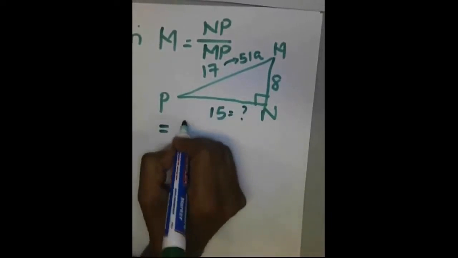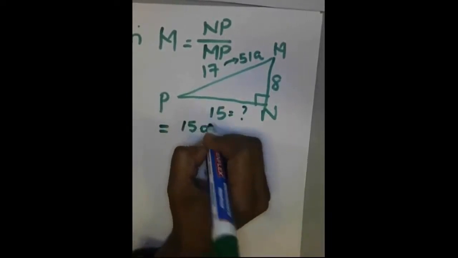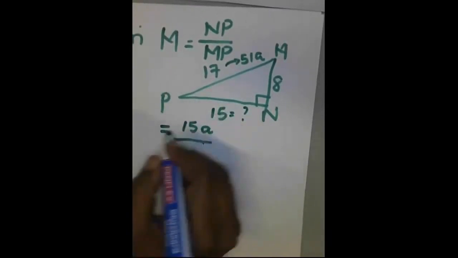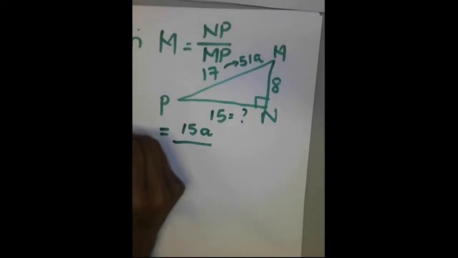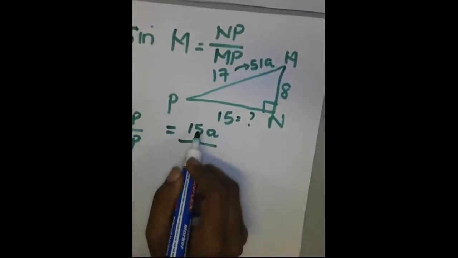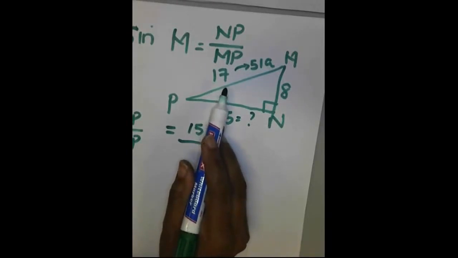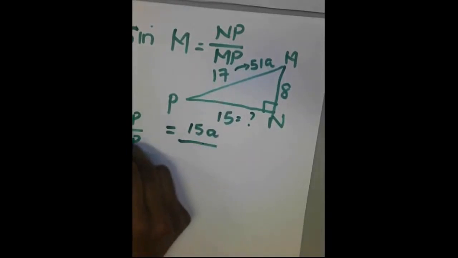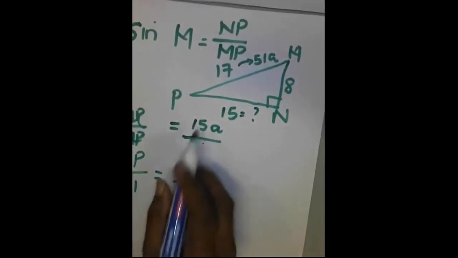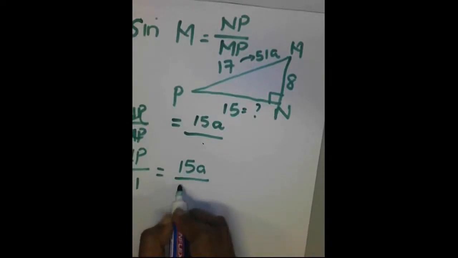NP was equal to 15, some length in terms of the new measurement, I'm going to use the unit A, over, so sine of P. So NP over MP must be equal to 15A over, and then what did we get? Oh no, and MP was 51, sorry. So NP over 51 must be equal to 15A over, what is it I have? I've got 17A.